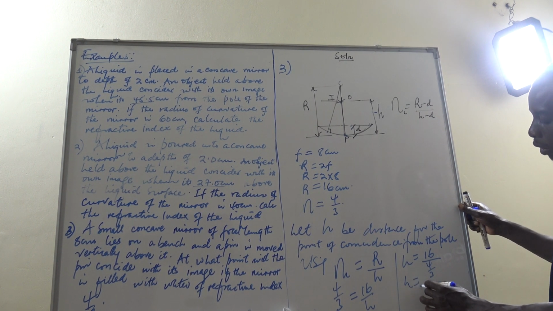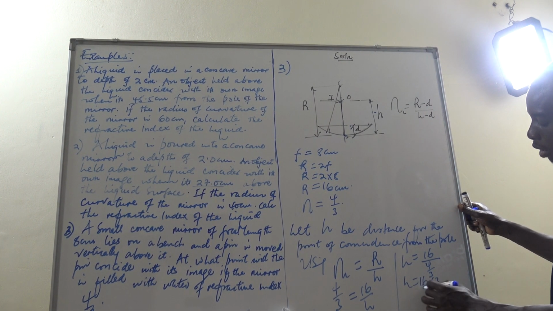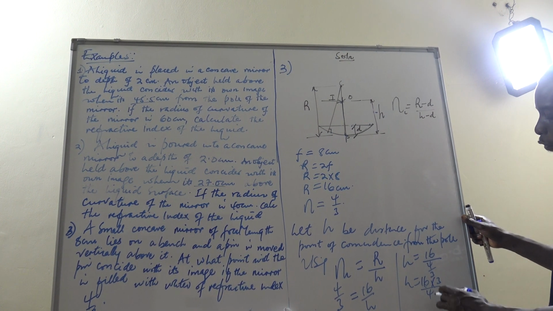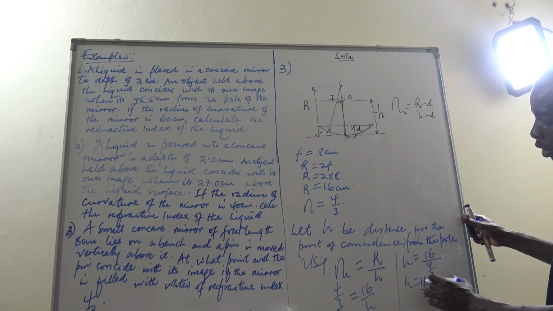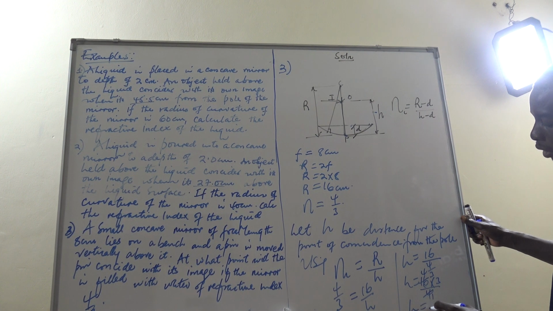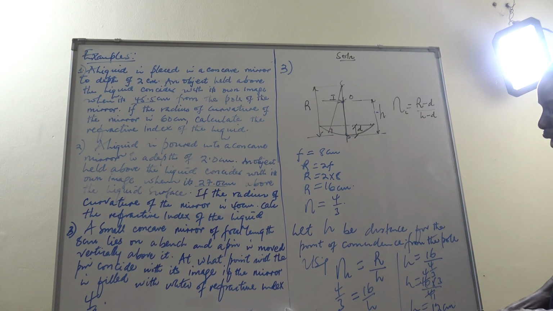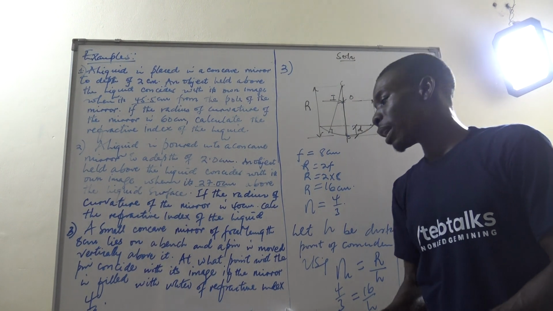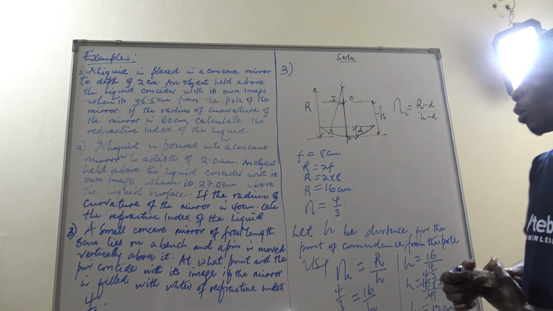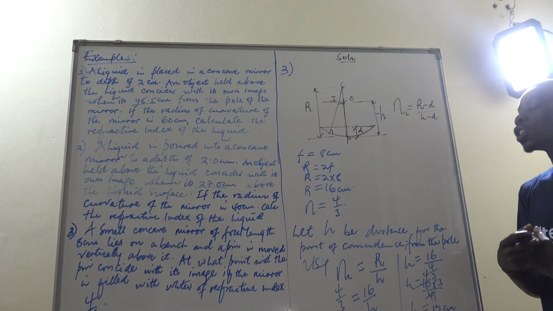And this is H equals 16 times 3 out of 4. Reduce this one, H equals 12 centimeters. And then you will make a conclusion that therefore the height from the pole of the mirror where the image and object coincide is 12 centimeters.